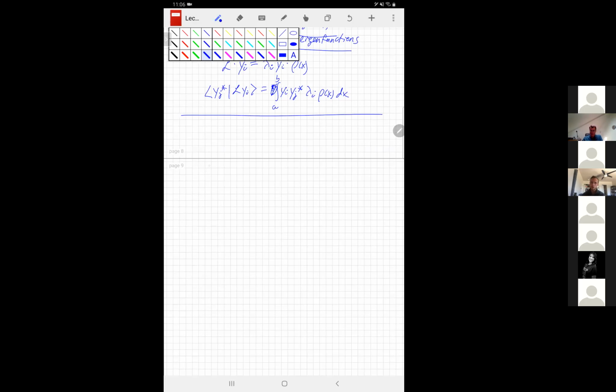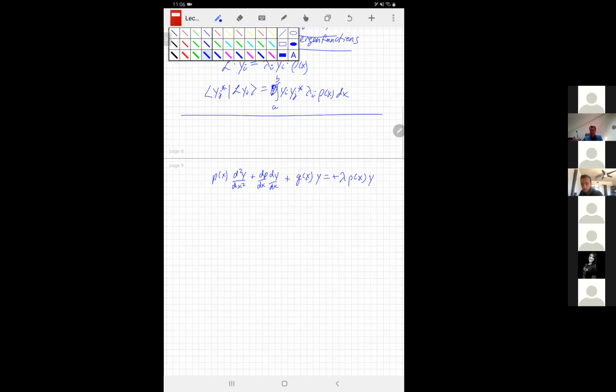We have differential equations that could be written in the following form: p of x d squared y dx squared plus dp dx dy dx plus q of x times y equals minus lambda, I'll write as plus lambda, rho of x times y.